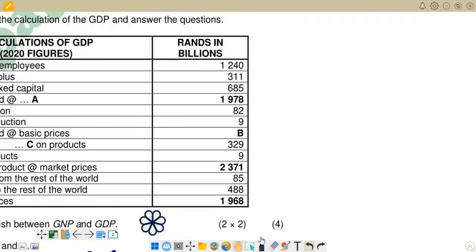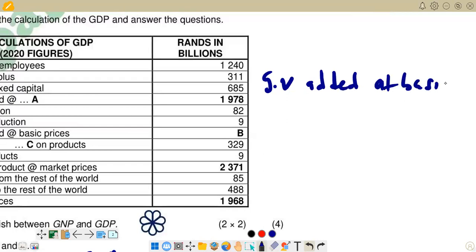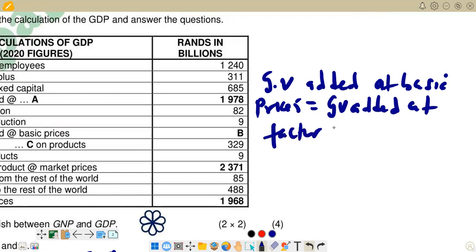So the formula for gross value added at basic prices is: gross value added at basic prices is equal to gross value added at factor cost, then we add taxes, then we subtract subsidies.